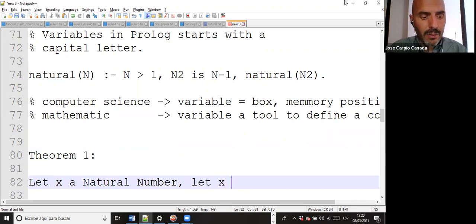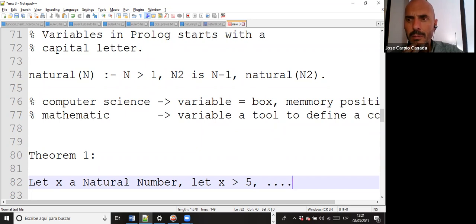Let x greater than 5. Did you see some time in the past the theorem definition, or never?